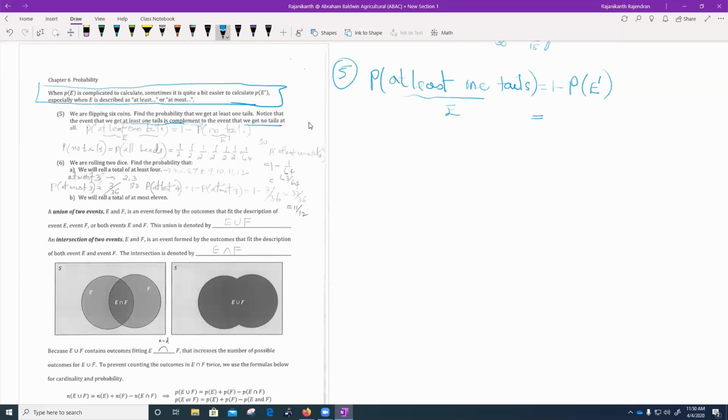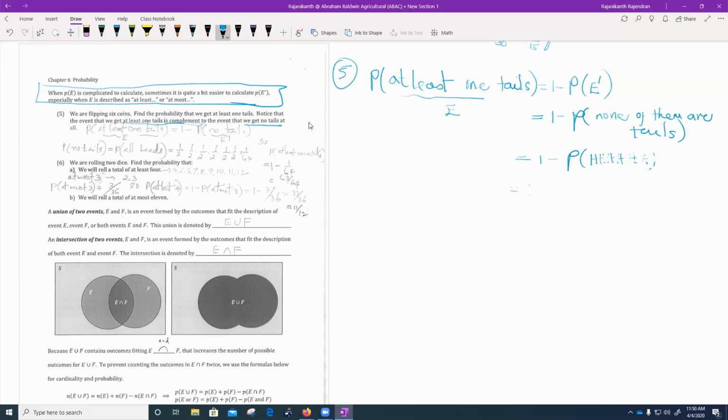The note says that the complement of at least one is none. Therefore, the meaning of this is none of them are tails. That means in all the 6 coins we are supposed to get heads. Therefore, you are getting all heads. All 6 coins are giving heads. So this is the meaning of that.